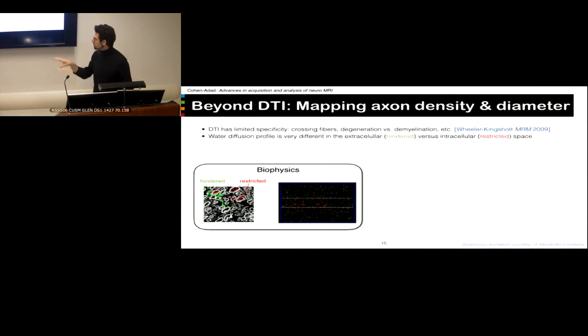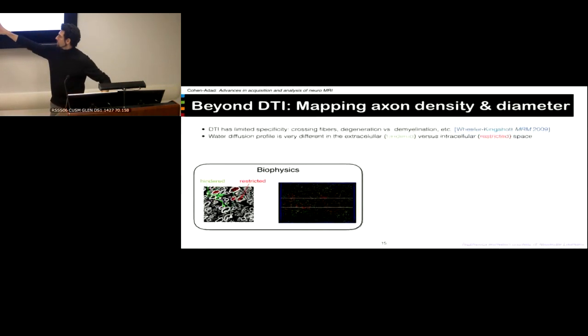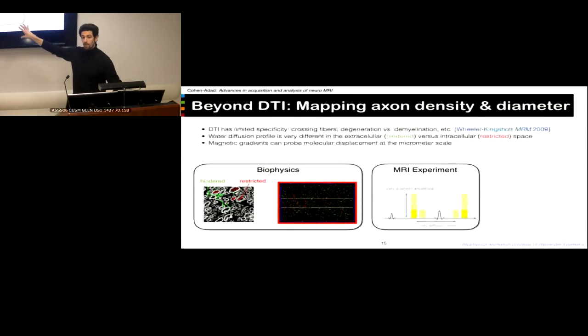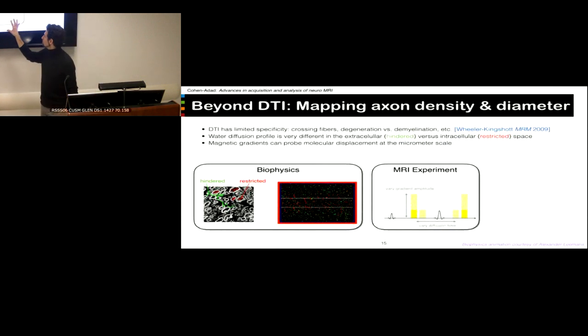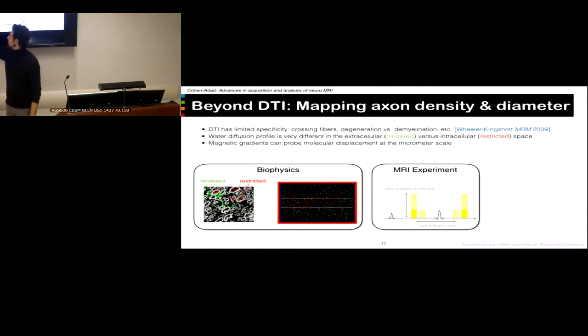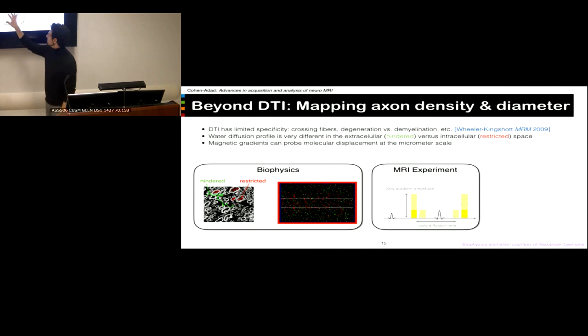And so that's the theory, and then we can devise some MRI experiments in order to measure a volume fraction of those two different compartments. The way we do that is similar to the standard DTI protocol, where you have some gradients on each side of the 180 degree refocusing pulse.